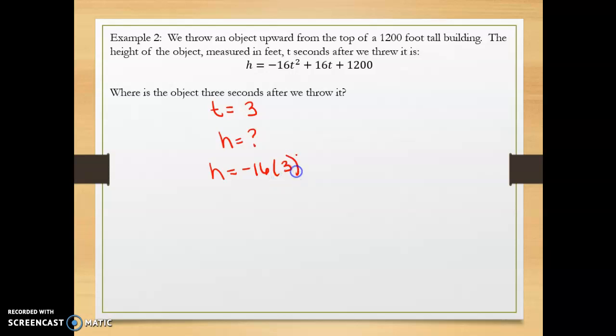You get your calculator out: negative 16 times 3 squared plus 16 times 3 plus 1200, and you get 1,104 feet.